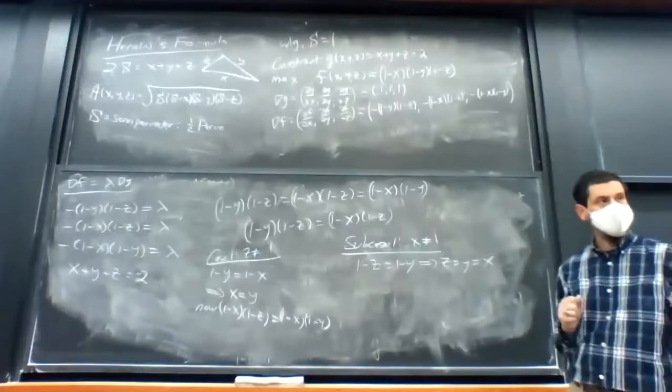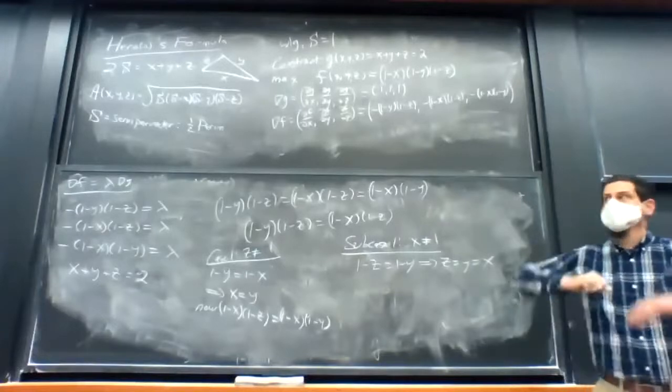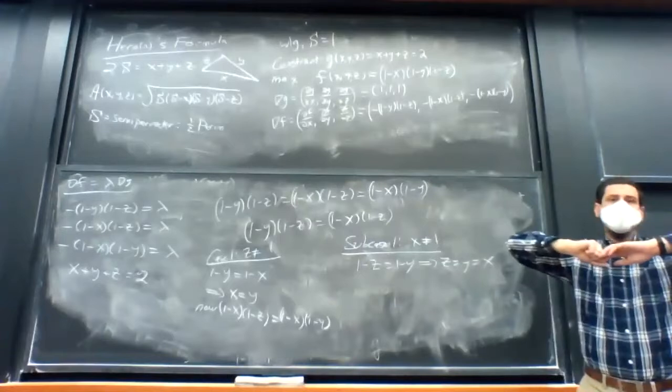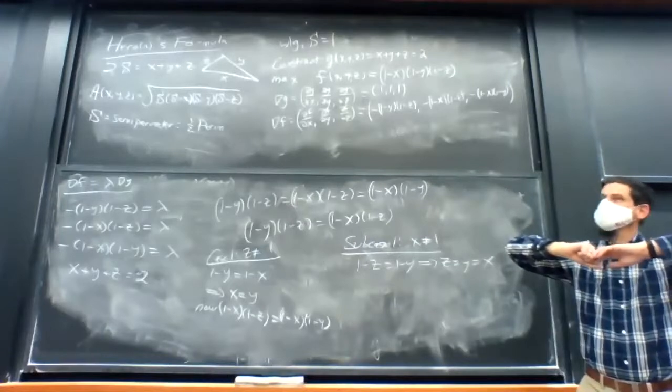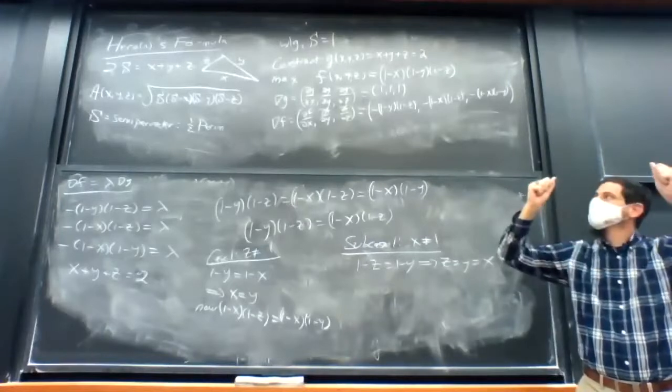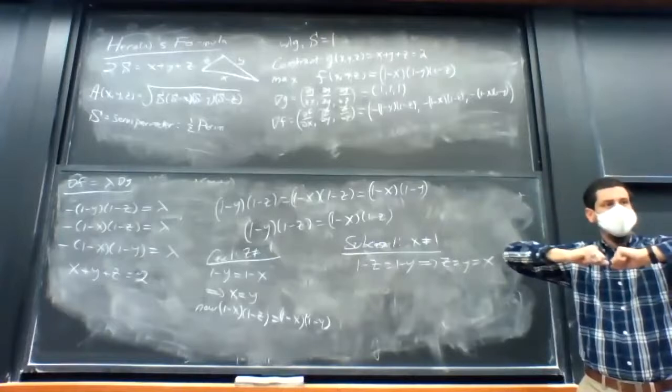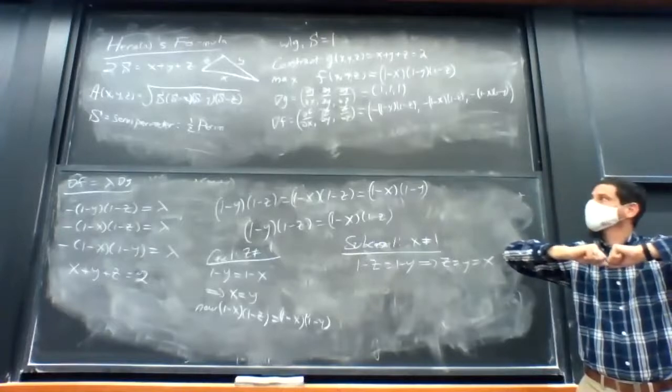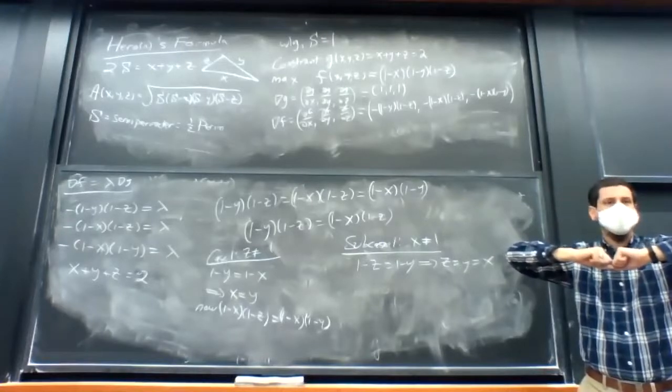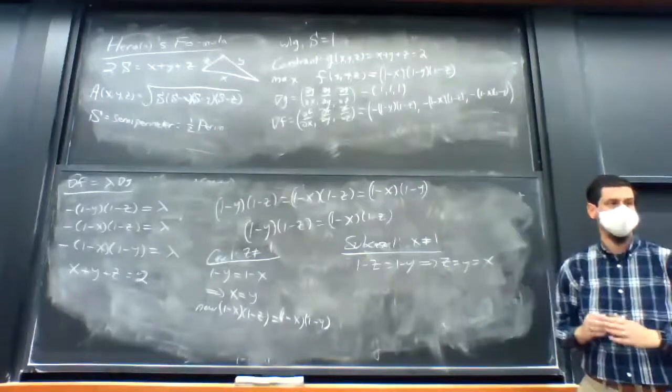If x is 1, the sum of the three sides has to be equal to 2. The only way that can happen is if z and y are both adding up precisely to x, and you have a degenerate triangle like this.